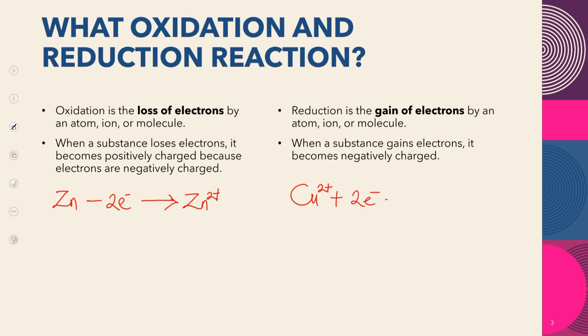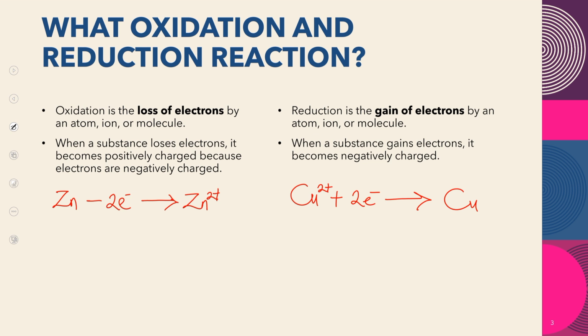Gains 2 electrons, and we have what? The copper atom. So here copper is gaining back the lost electrons to become a copper atom. For these 2 reactions, we can say that one is undergoing oxidation because it's losing electrons, and one is undergoing reduction because it's gaining electrons.